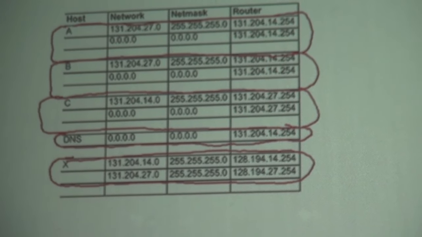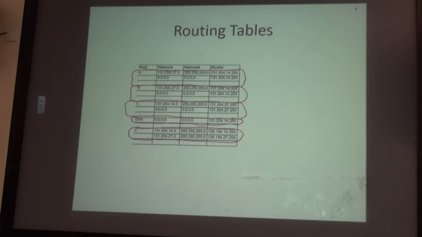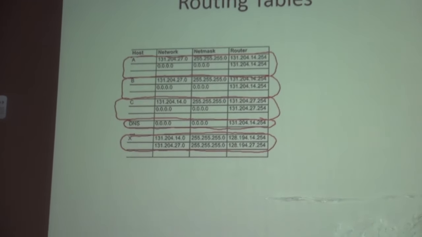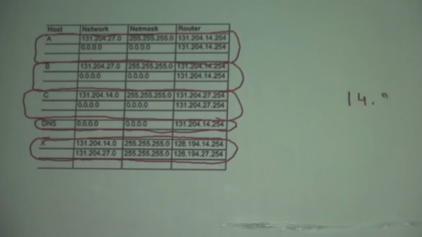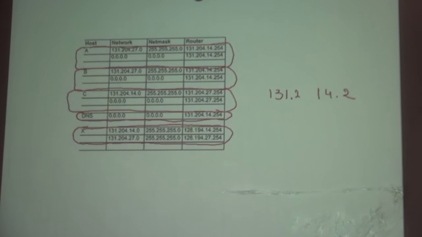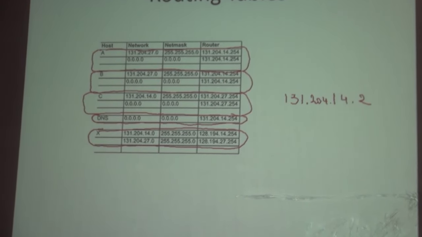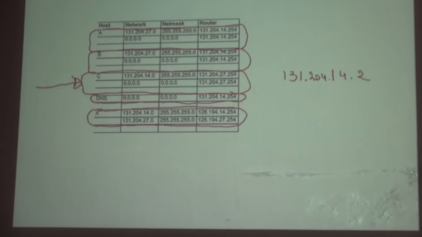So now if you look at C, which entry will I choose? We want to go to an address starting with 131.204. So which entry is good for me on routing table C?